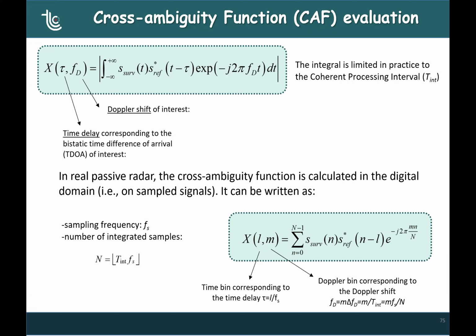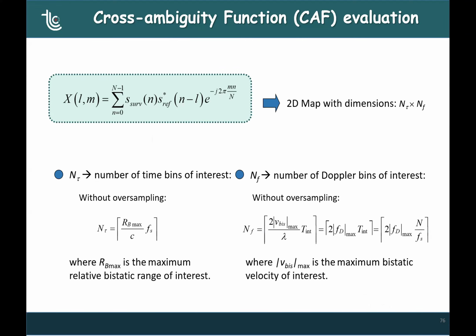Okay, so we have all these products that must be performed by our system, and then we need to do all these sums for all values of L and for all values of M. You understand that the number of calculations that we need to do is quite high. So if we implement directly the definition that we have here, it could take a long time to calculate all the values of the ambiguity function. So we need to find an efficient way to do it.